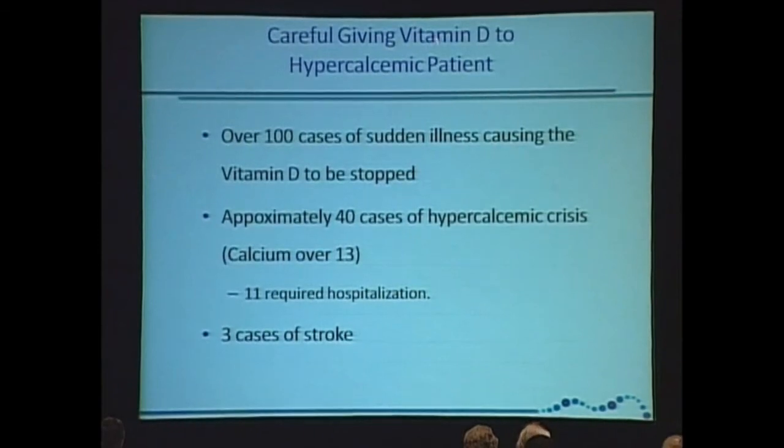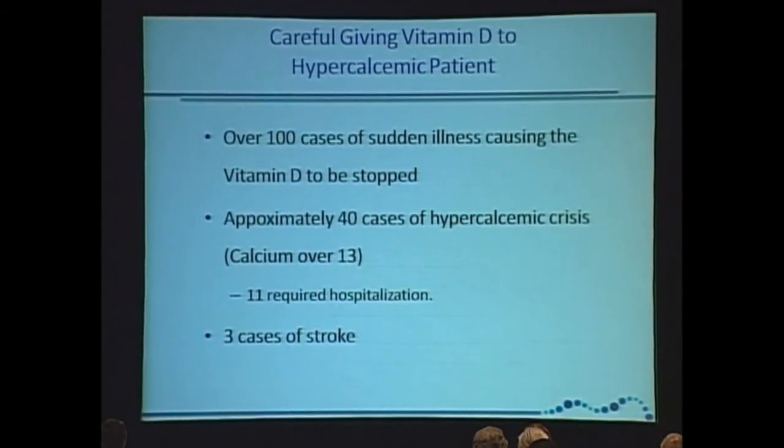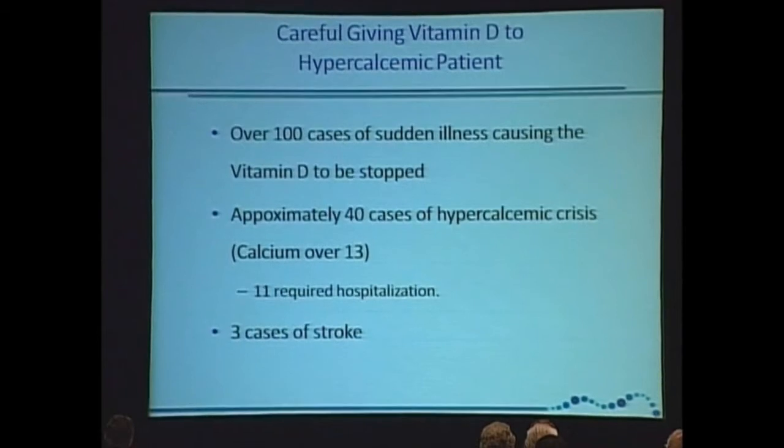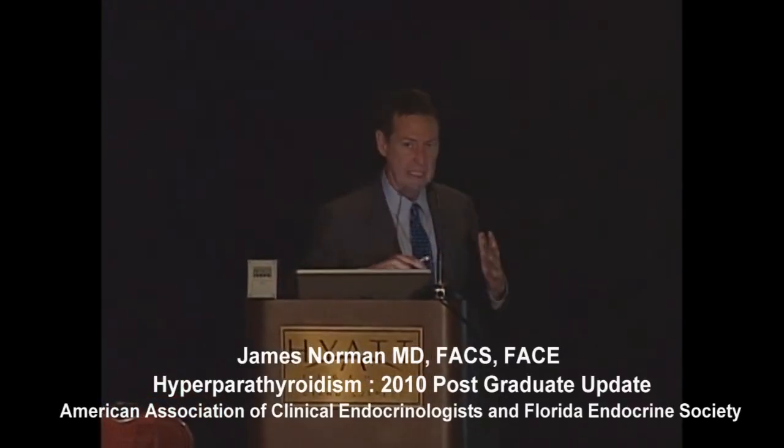So, careful giving vitamin D to hypercalcemic patients. This concept, well, I think maybe it's secondary hyperparathyroidism because the low calcium caused low vitamin D, which caused the parathyroid glands to become hyperplastic, and then they became autonomous. So we'll give them some vitamin D to check that out.